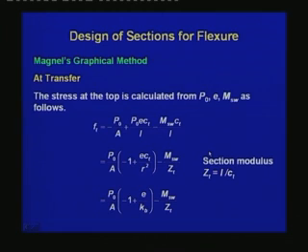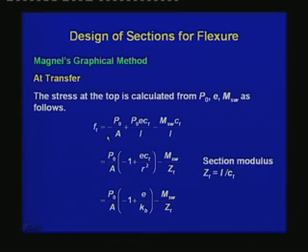The stress at the top is calculated from P0, E, MSW as follows. We are going back to the stress concept of determining the stress. That means the stress at the top consists of 3 components.